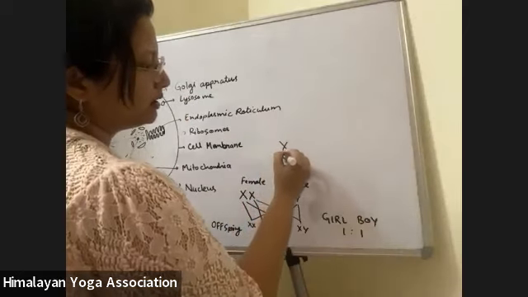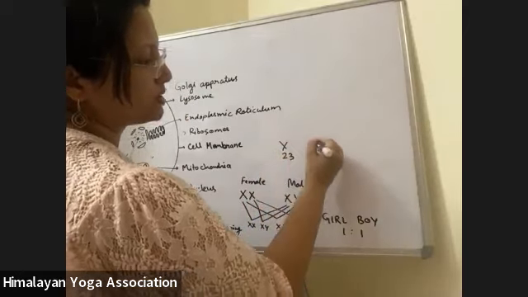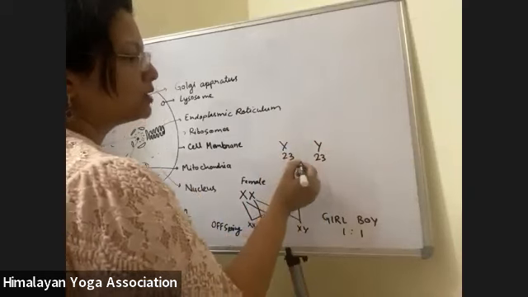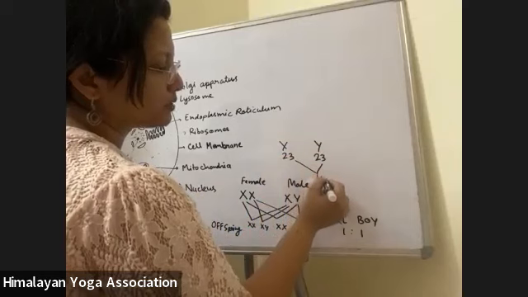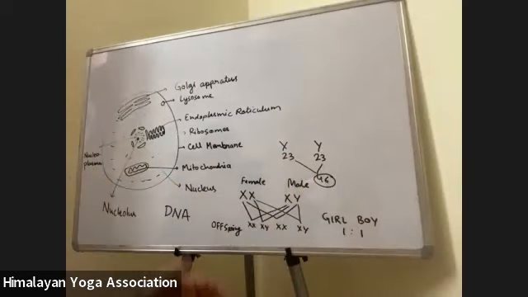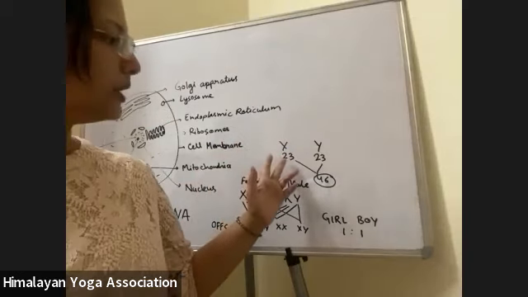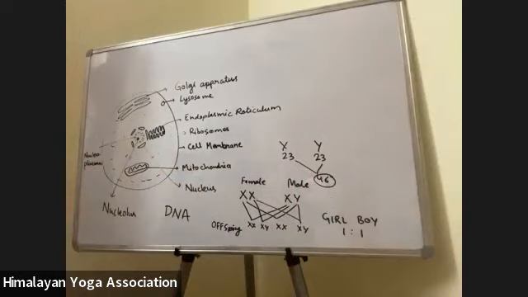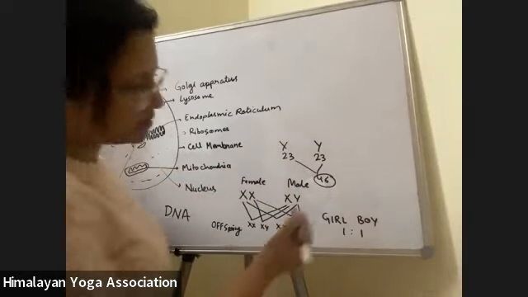In X, there are 23 chromosomes. In Y, there are 23 chromosomes. Together they form 46 chromosomes. That's why everyone has some characteristics from mother and some characteristics from father.